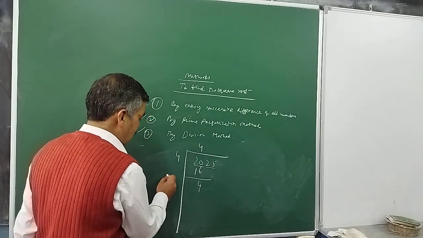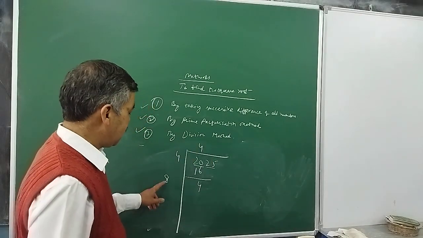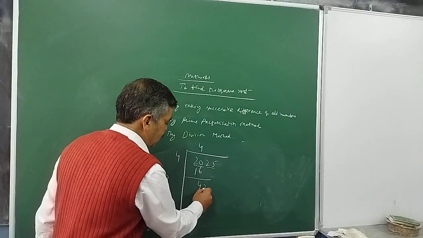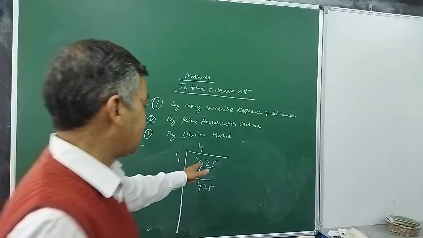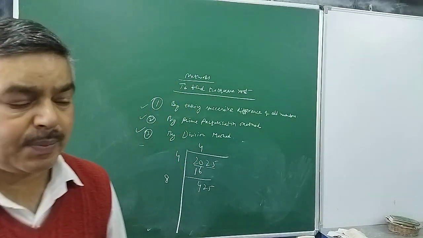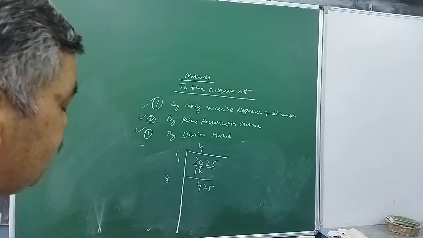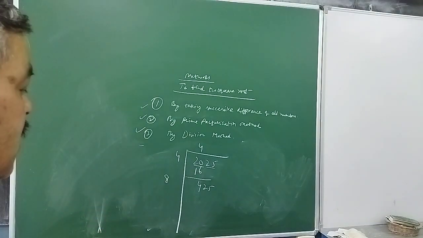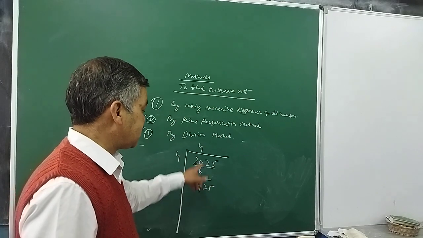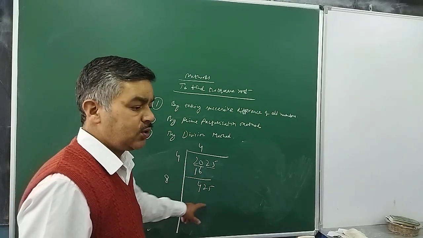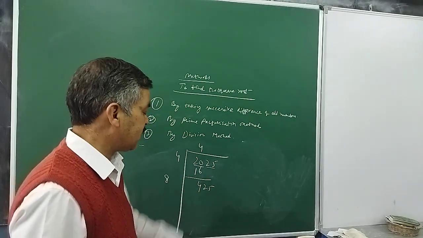So double of 4, I will put here 8. Now next is 25. Whenever you are in the last step, because after that no other pair is there to copy, if it is a perfect square, I need to keep a watch. To make the remainder 0, I need 5 at units place.